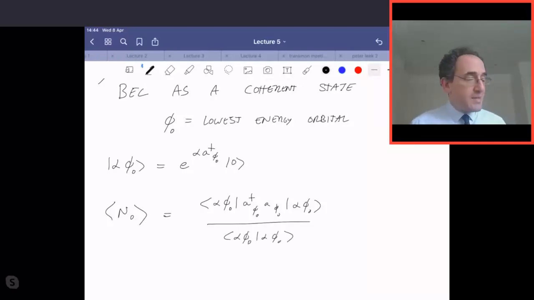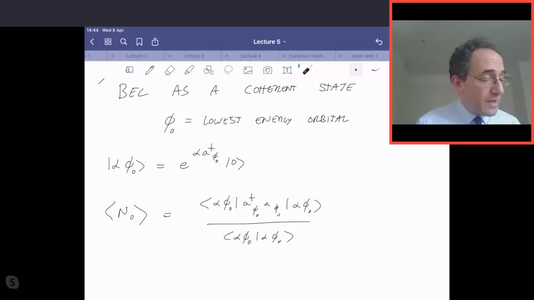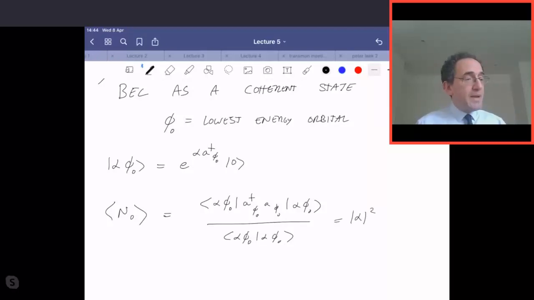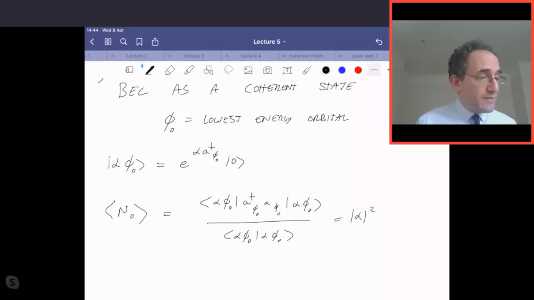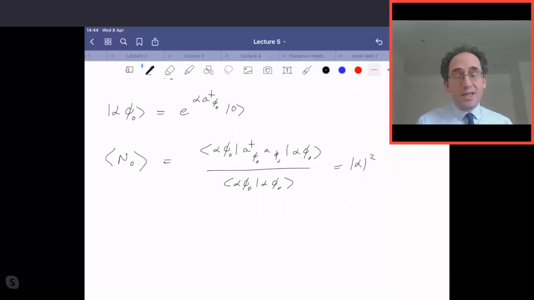Exactly the same calculation we did before: the annihilation operator acts to the right, turns that into an alpha. The creation operator acts to the left, turns that into an alpha star, and this gives me alpha squared. So the coherent state puts a magnitude of alpha squared bosons, N naught, in the eigenstate phi naught, and the fluctuation in the number of bosons is small compared to N naught, if N naught is large.